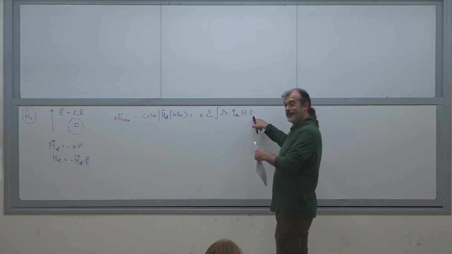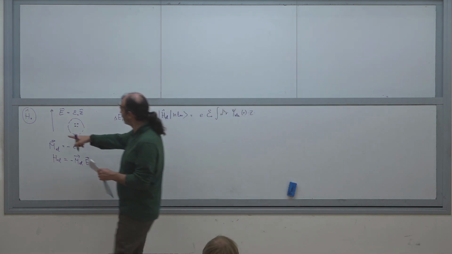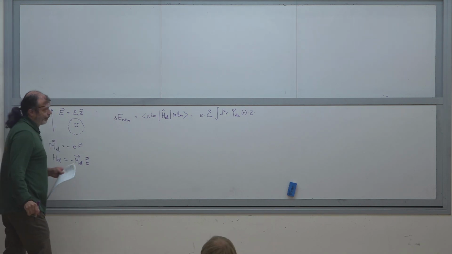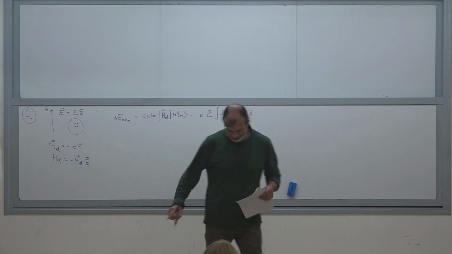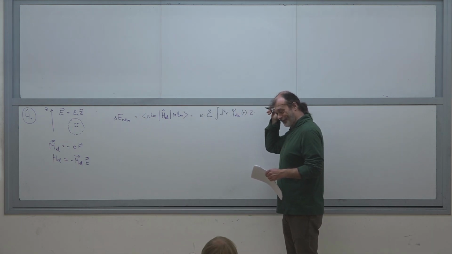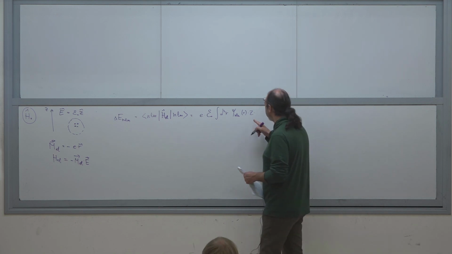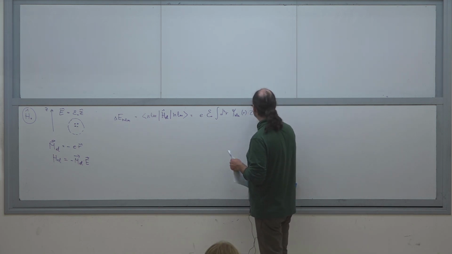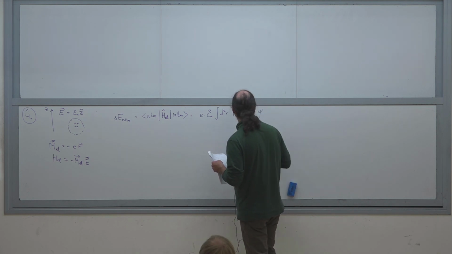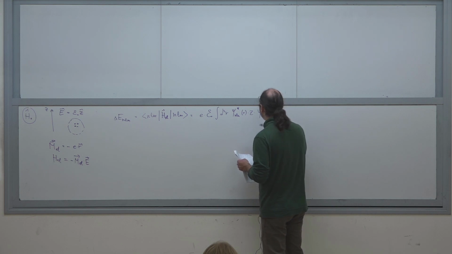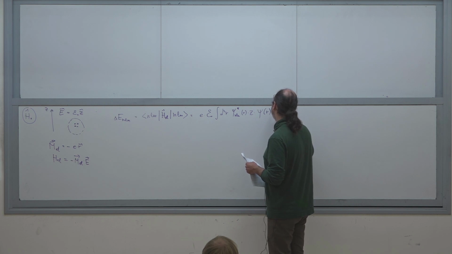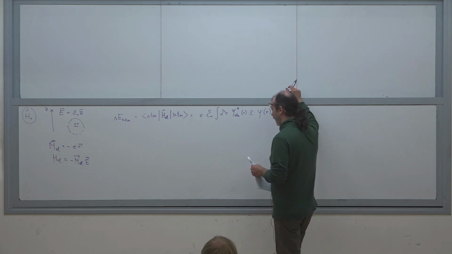Z is a real direction in space, a coordinate, not the atomic number. Of course, it has to be closed with the complex conjugate as well, and z is the operator, right? And that's the integral that we have to take.